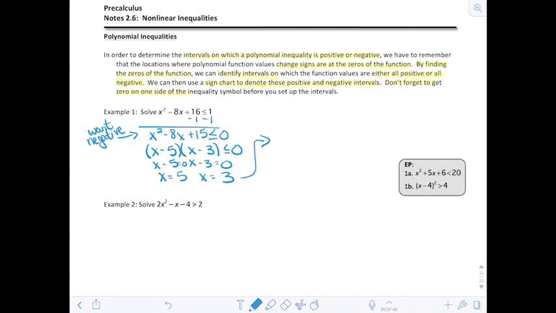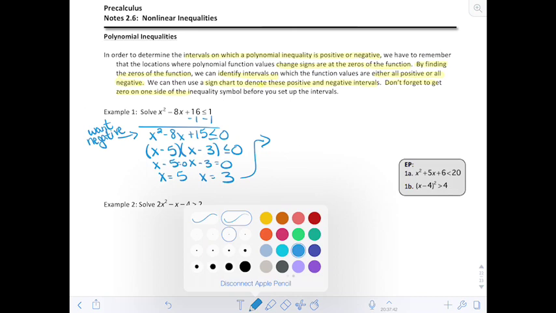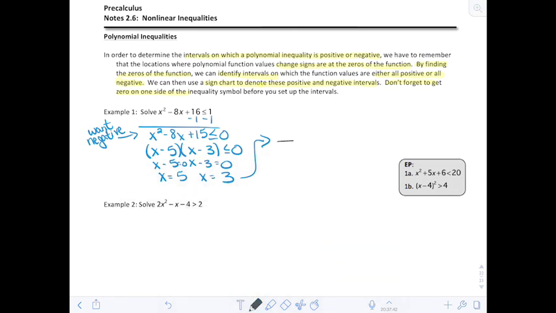So as I look at this now, these are my critical values. So the number line that we're going to use is like our sign chart. So I have 3 and I have 5 as my zeros. And because it says less than or equal to 0, those will be included in my solution.